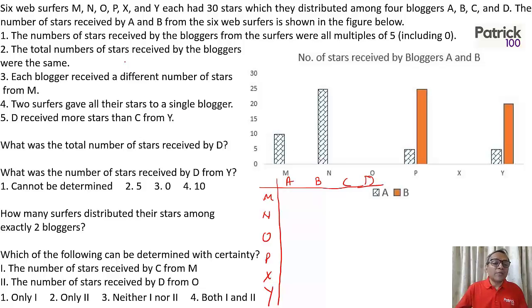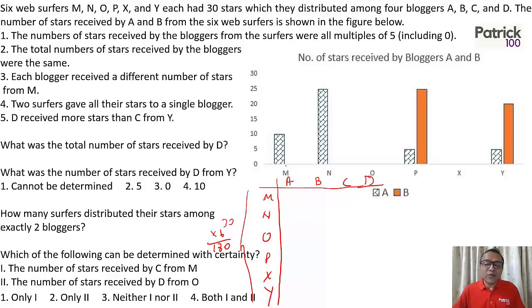Now the number of stars received by the bloggers, each of them had 30, remember that. So the total number of stars is 180, 30 into 6. The number of stars received by the bloggers from the surfers were multiples of 5. And the number of stars received by A and B is given in the table, so we can copy it down.